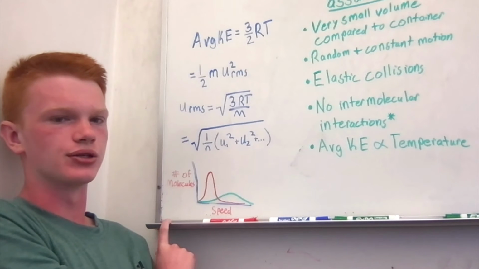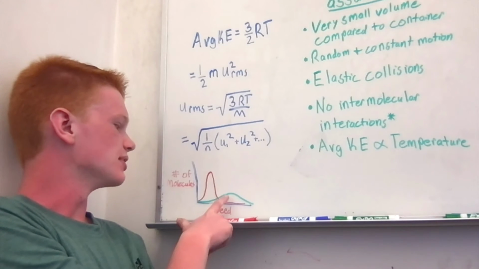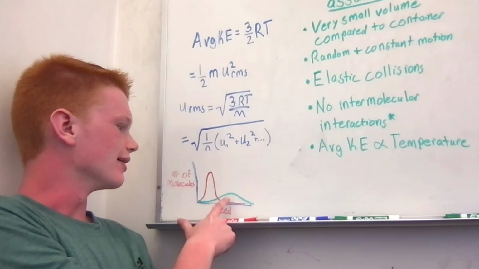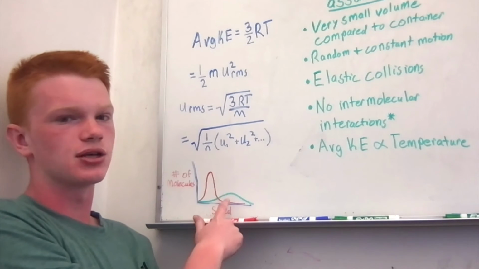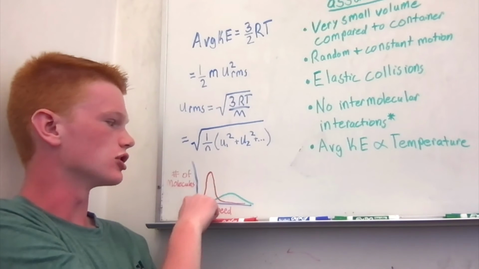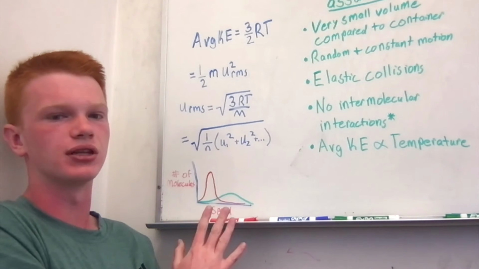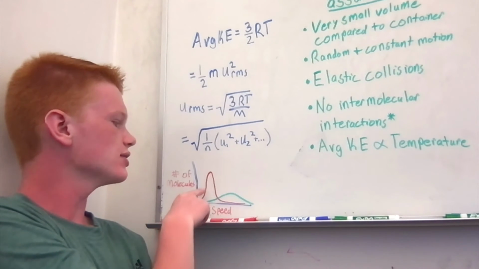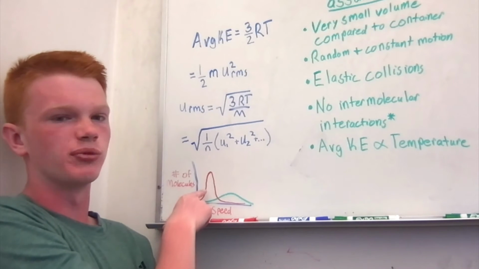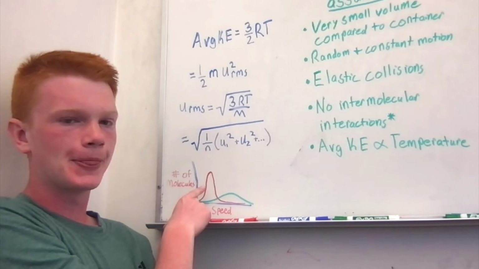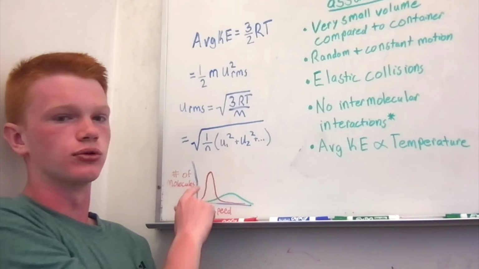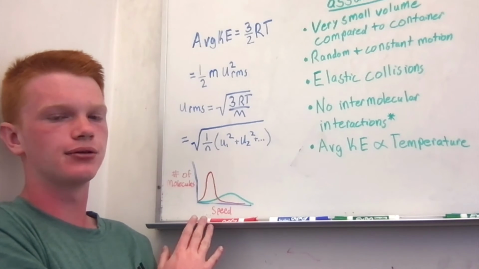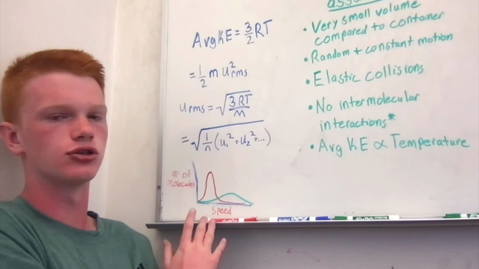But it also means that as the speed is higher and the temperature is higher, the number of molecules at that top speed is lower. The distribution is wider, as you can see. It's more evenly spread out. But in this one, where the root mean square speed is lower because the temperature is lower, more of the molecules are closer to that top speed, or to the average speed.